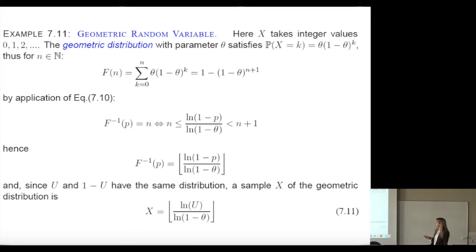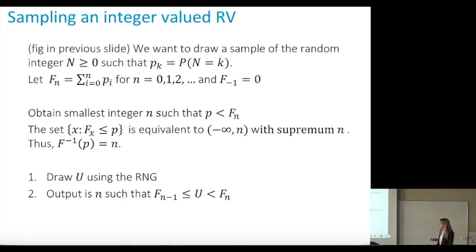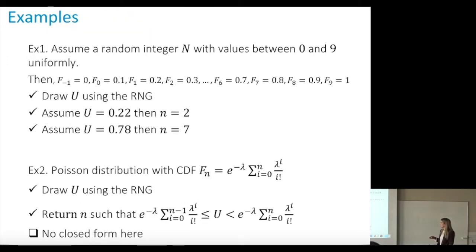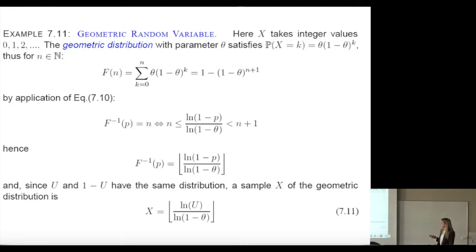So we try to find the pseudo-inverse of F evaluated at p. For this we apply this relation here. And if we do some trivial calculations on this relation, we will end up with this.